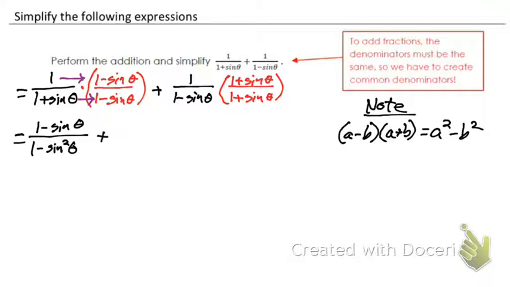Plus, we have 1 times 1 plus sine theta, so we'll have 1 plus sine theta on top. And on bottom, once again, I have a minus b times a plus b, so it's just a squared minus b squared. So that's 1 squared minus sine squared, so that's just 1 minus sine squared theta.